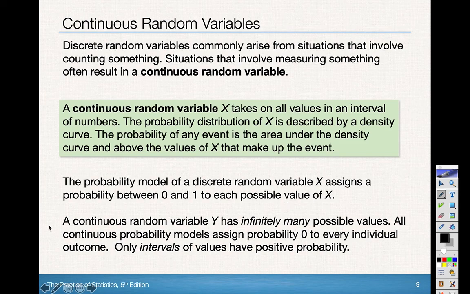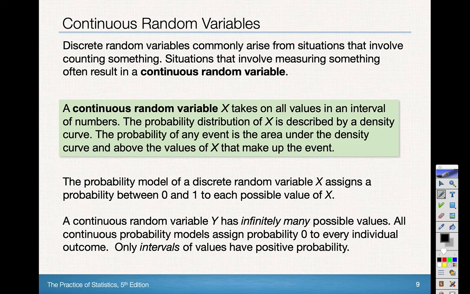Since a continuous random variable has infinitely many possible values, all continuous probability models assign 0 to an individual outcome. It was the same thing in chapter 2. It's the same thing if you ever in calculus tried to integrate with the same lower and upper bound. The area under a continuous curve at a specific point is 0. So we use intervals to get probability.